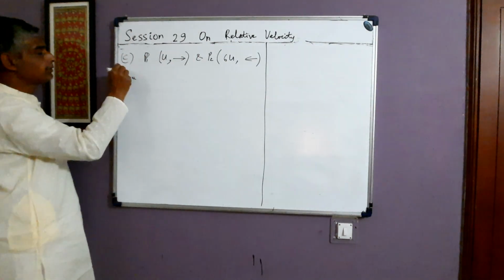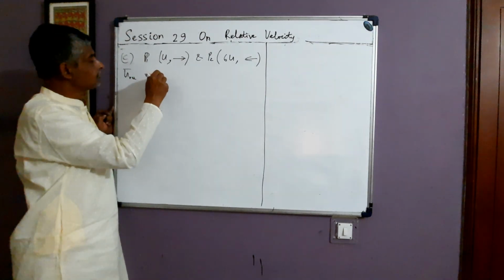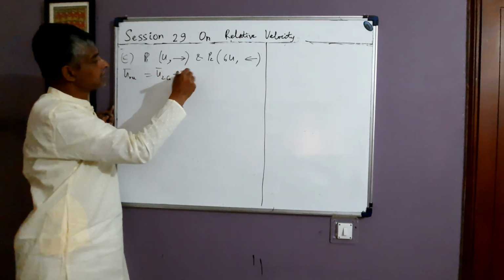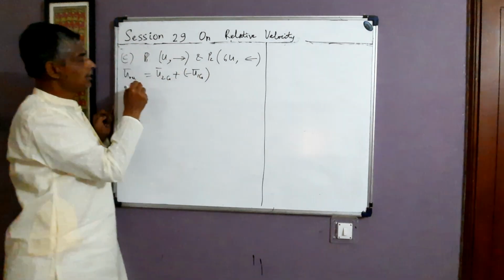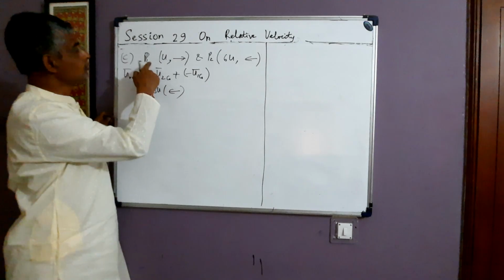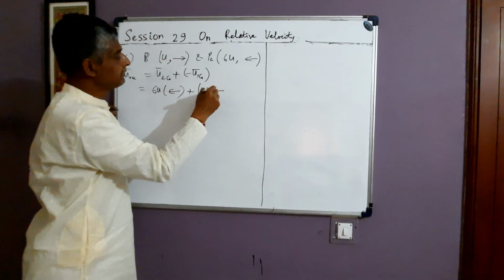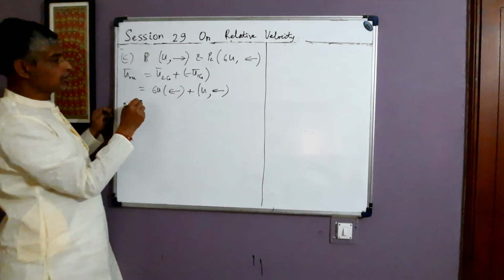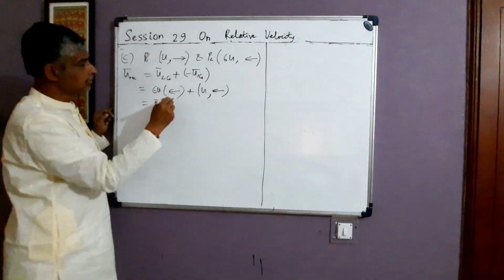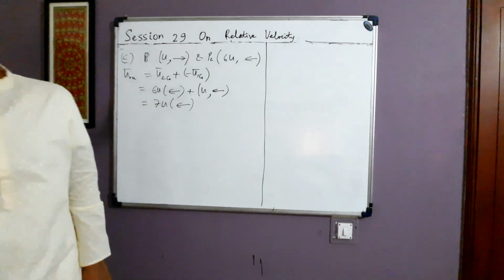U relative, the velocity of P2 with respect to P1 in the ground frame initially, is just equal to u2g plus reverse of u1g. Fine. And u2g is 6u leftward. u1g is u right, so reverse of u1g will be u left. We have to add these vectorially. So this will be 7u left.